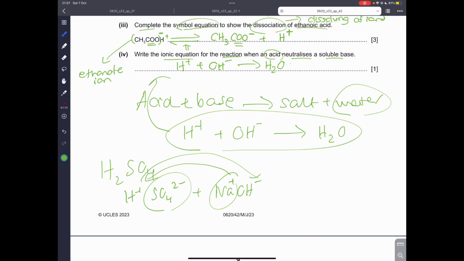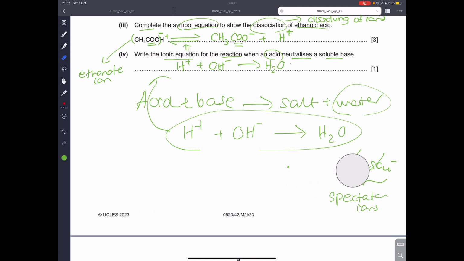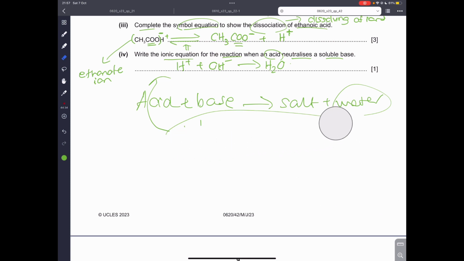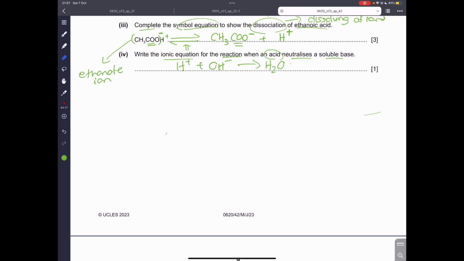It's going to displace them and form Na2SO4, which is Na plus and SO4 2 minus. So there is Na plus on both sides, so we can cancel them out. In other words, Na and SO4 are spectator ions. Because they can be cancelled out, they are spectator ions. And therefore, the overall reaction of any neutralization reaction is always producing water. So it's going to be H plus plus OH minus gives H2O.